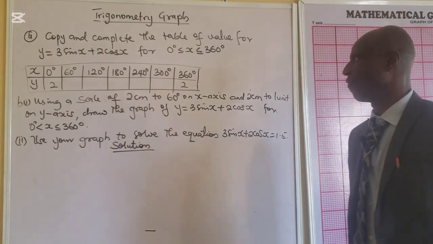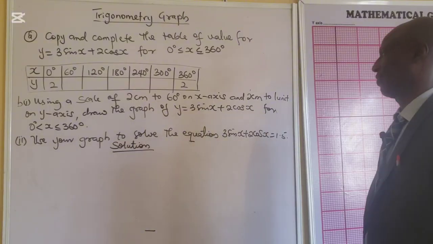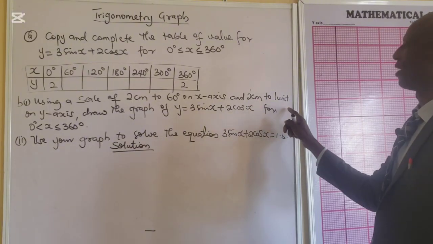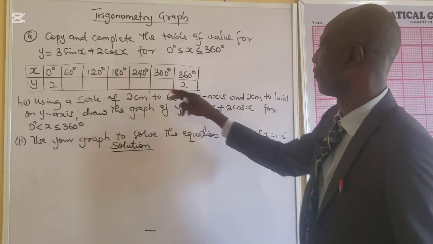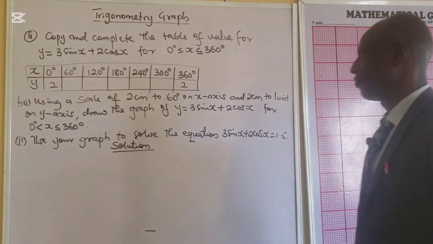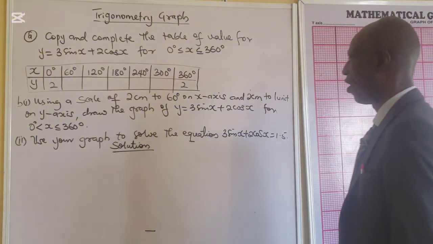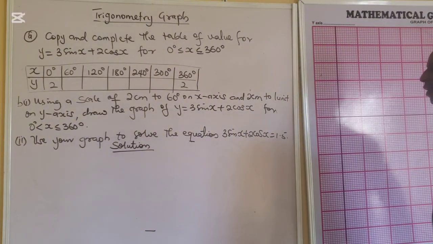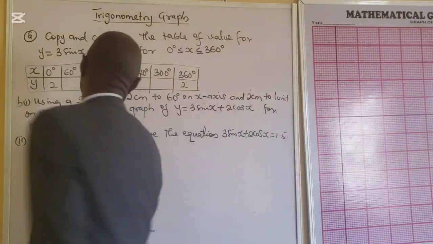Using a scale of 2 centimeters to 60 degrees on the x-axis and 2 centimeters to 1 unit on the y-axis, draw the graph of this. Then use the graph to solve the equation 3 sine x plus 2 cos x is equal to 1.5.